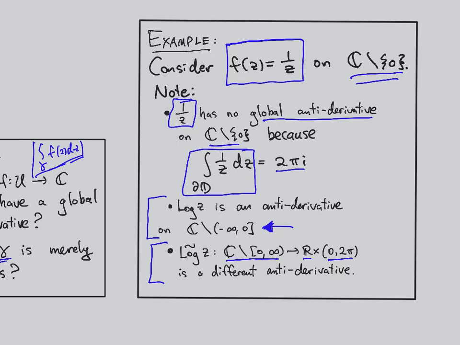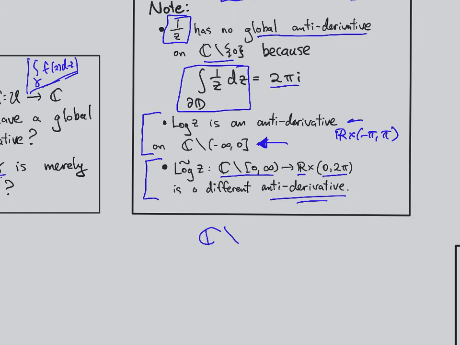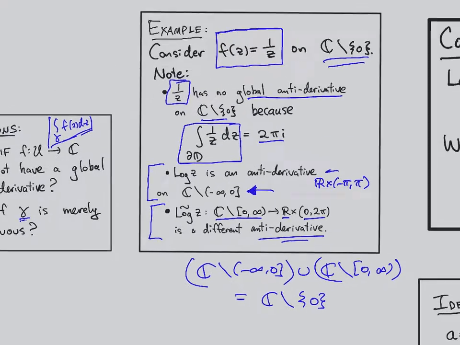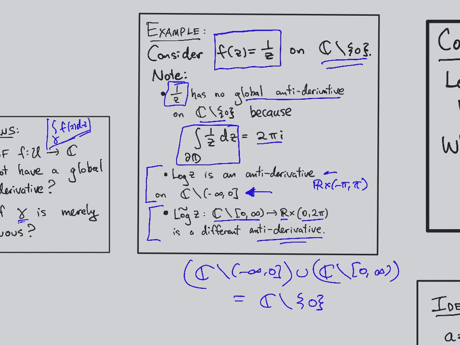So it maps into that particular strip as opposed to principal log, which maps into the strip R cross minus pi to pi. And this is a different antiderivative, but if you take these two sets, they'll give you the whole domain of our function, namely the plane minus 0. So using just these two antiderivatives, we can actually compute line integrals of 1 over z.